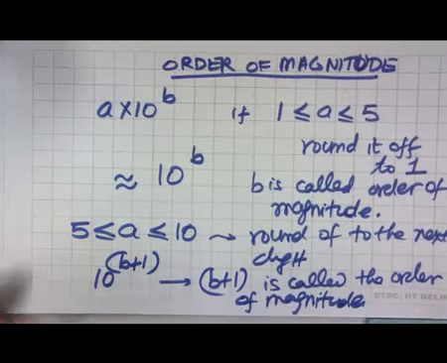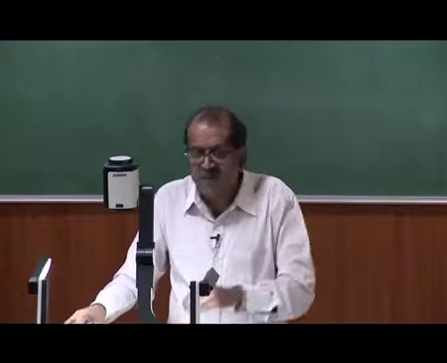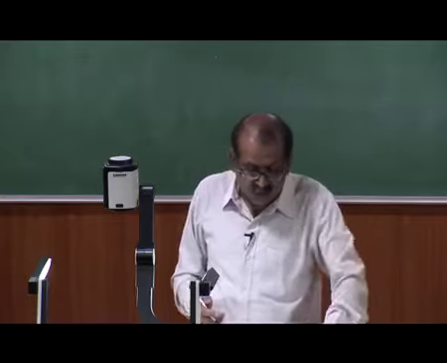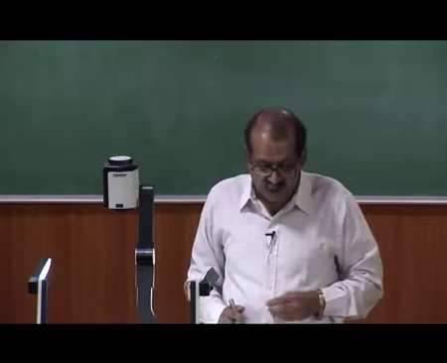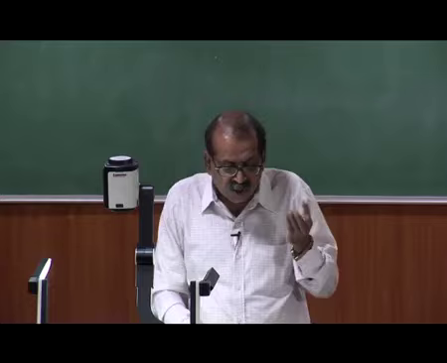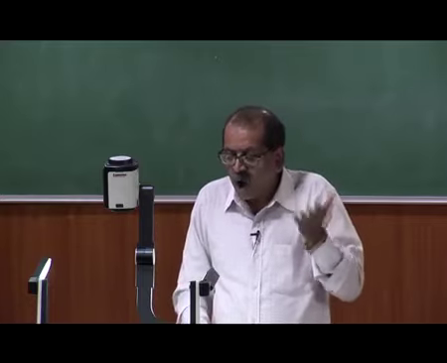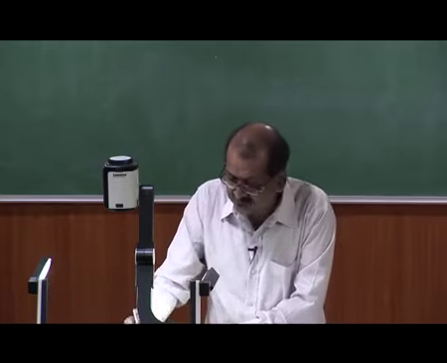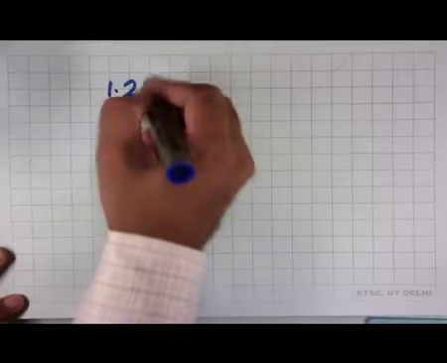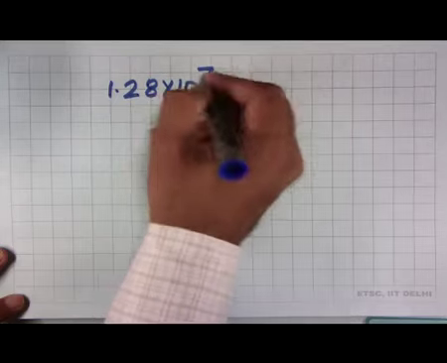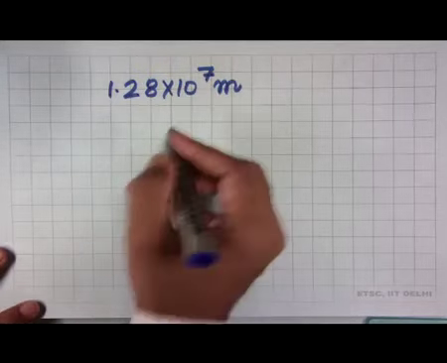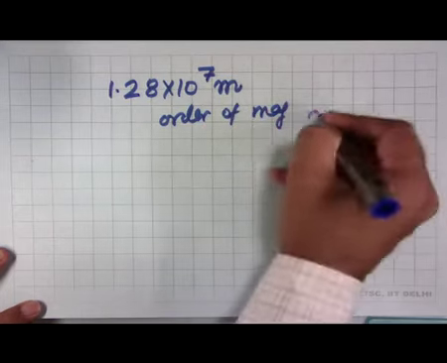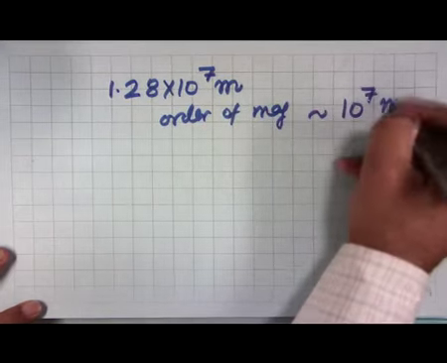Order of magnitudes are normally used to make rough estimates of the quantities, and they will not be very exact, but this is to give an idea of how much is the sense of measurement. For example, if something is 1.28 into 10 to the power of 7 meters, then we say the order of magnitude of this length is 10 to the power of 7 meters.